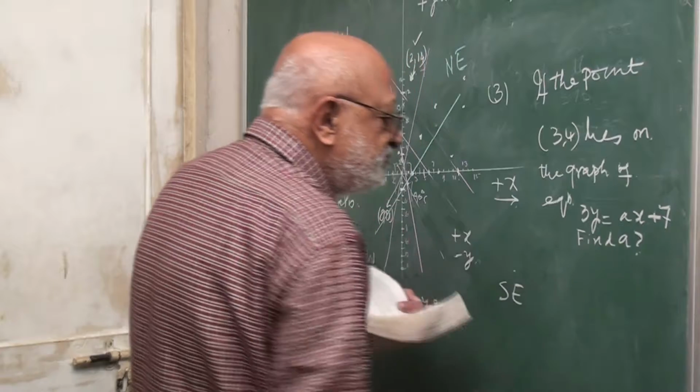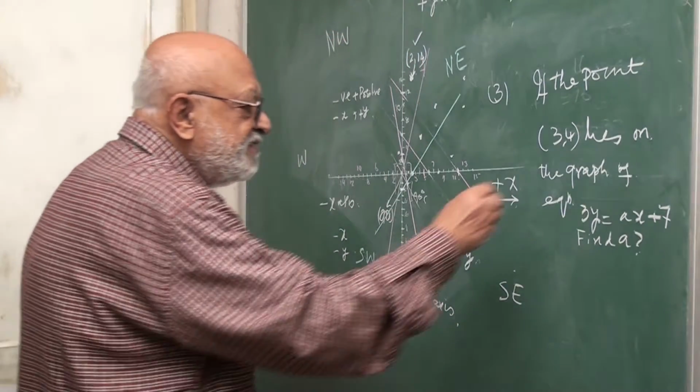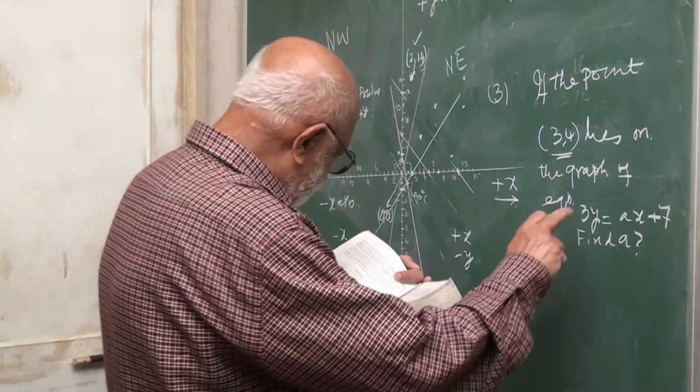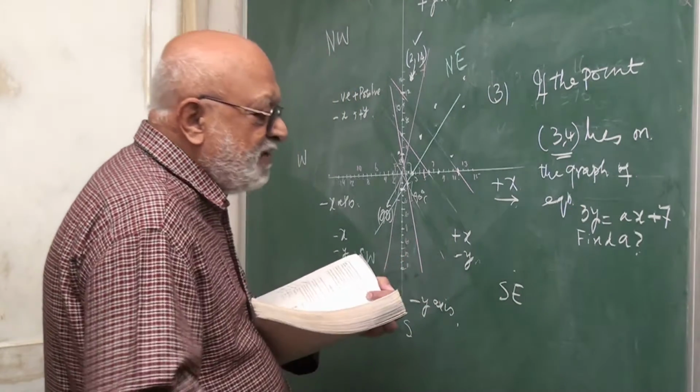How will we do it? Very easy. It's given that the point 3, 4 lies on the equation 3y equal to ax plus 7.